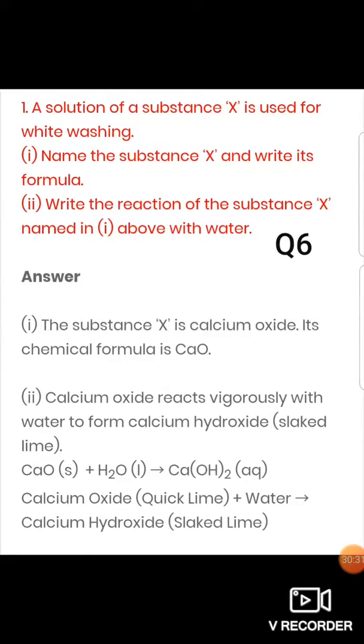What is the name of the substance X? Calcium oxide. It reacts vigorously with water to form calcium hydroxide, that is slaked lime. So CaO solid plus H2O liquid gives Ca(OH)2 aqueous. Calcium oxide, quicklime, plus water gives calcium hydroxide, slaked lime.